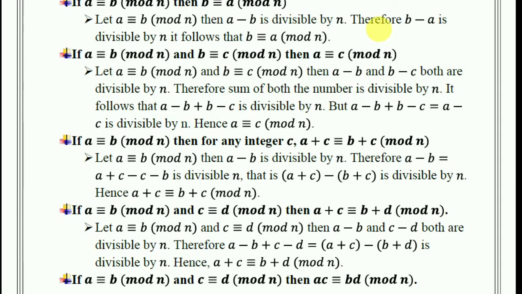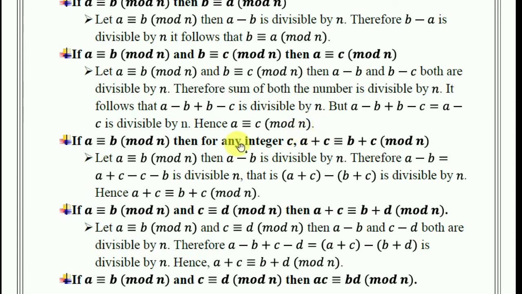Now if two numbers are divisible by n, their summation is also divisible by n. So a minus b plus b minus c is divisible by n, but a minus b plus b minus c is nothing but a minus c. It means a minus c is divisible by n, means a is congruent to c mod n.